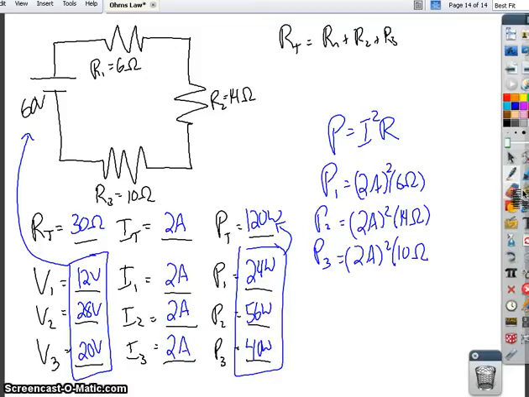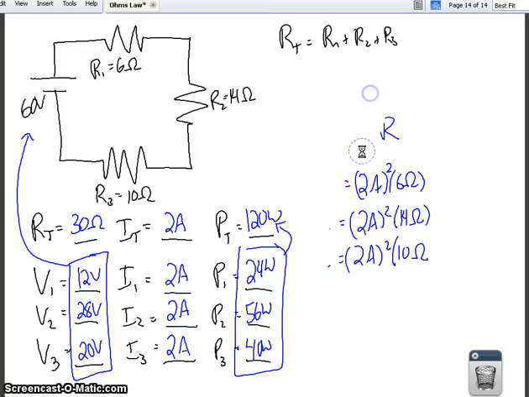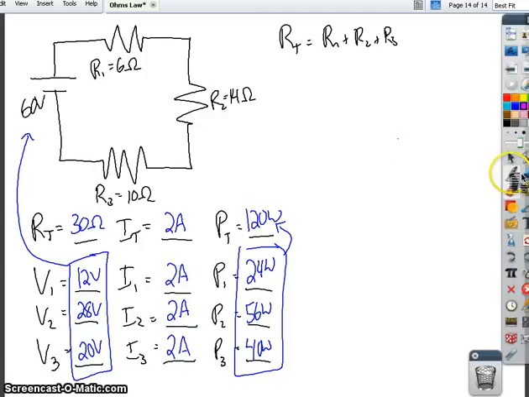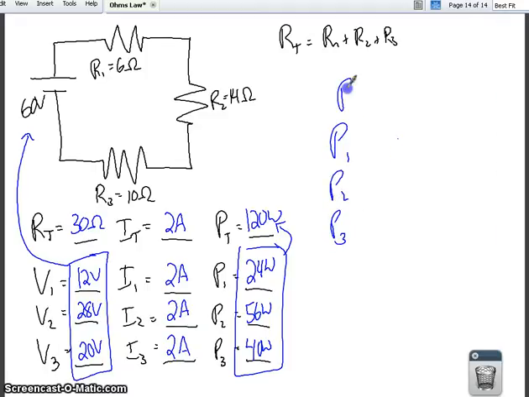And I'm going to be just a little bit thorough here. Let's go back, and I'm going to do the same thing again, but I'm going to use a different equation. P1, P2, P3. I'm going to use P equals I times V. 2 amps, 2 amps, 2 amps. Okay? But notice when I use voltage, I'm not going to use the total.